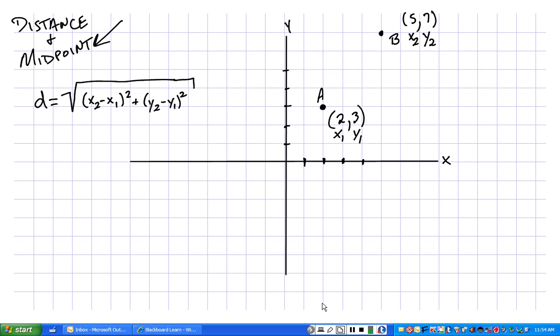So now what I want to do is say we have a point right here, and this will be point C. Alright, so we have a point there, and that'll be point C, and points A, B, and C can be connected to form a triangle.